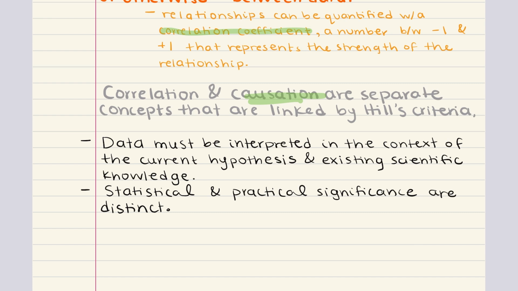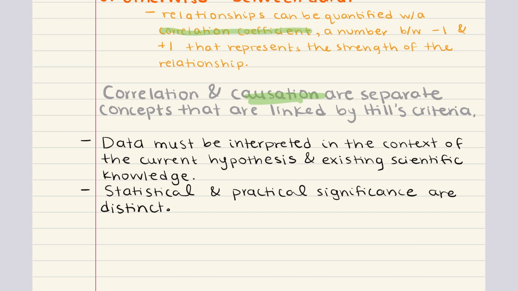These include factors like strength of the association, consistency across studies, and the elimination of alternative explanations. Even with these criteria, establishing causation often requires experimental data and careful analysis.